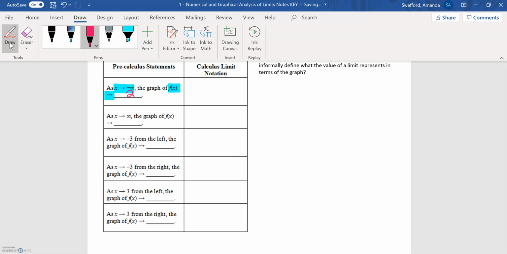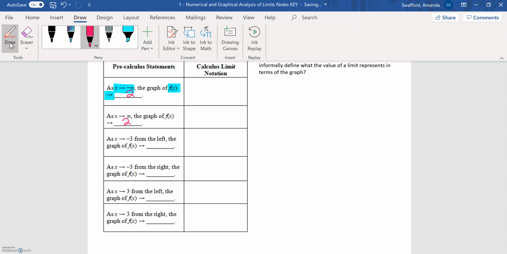All right, as x approaches infinity, the graph of f of x approaches. And because of that horizontal asymptote, you can look back at the graph and see that the y value it's approaching here is also 2. So now we want to convert these statements into calculus statements, into what we call a limit. The answer that we wrote in both of these blanks is our limit.